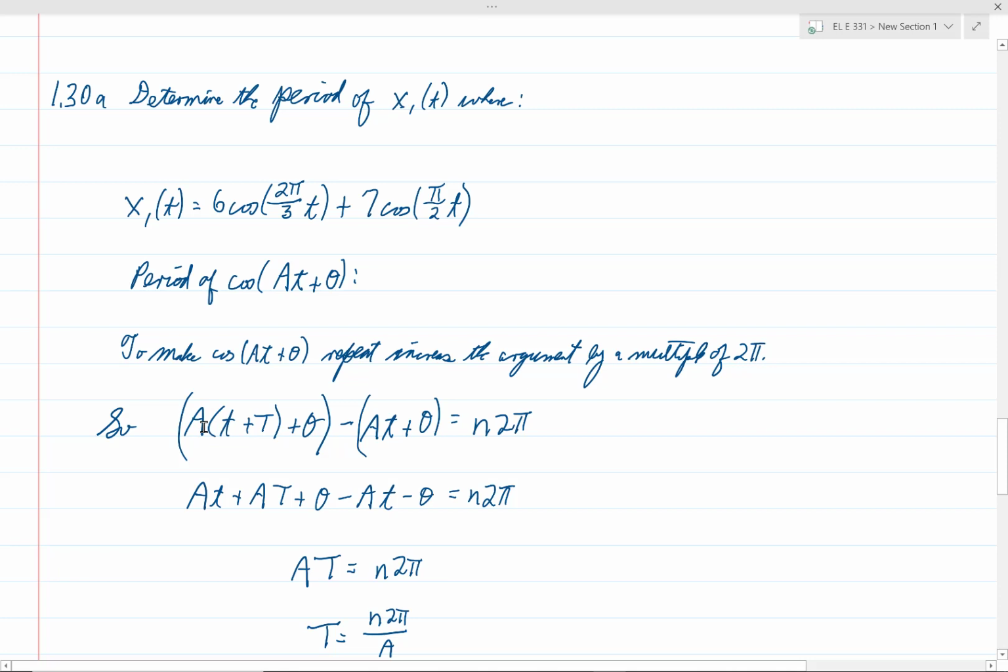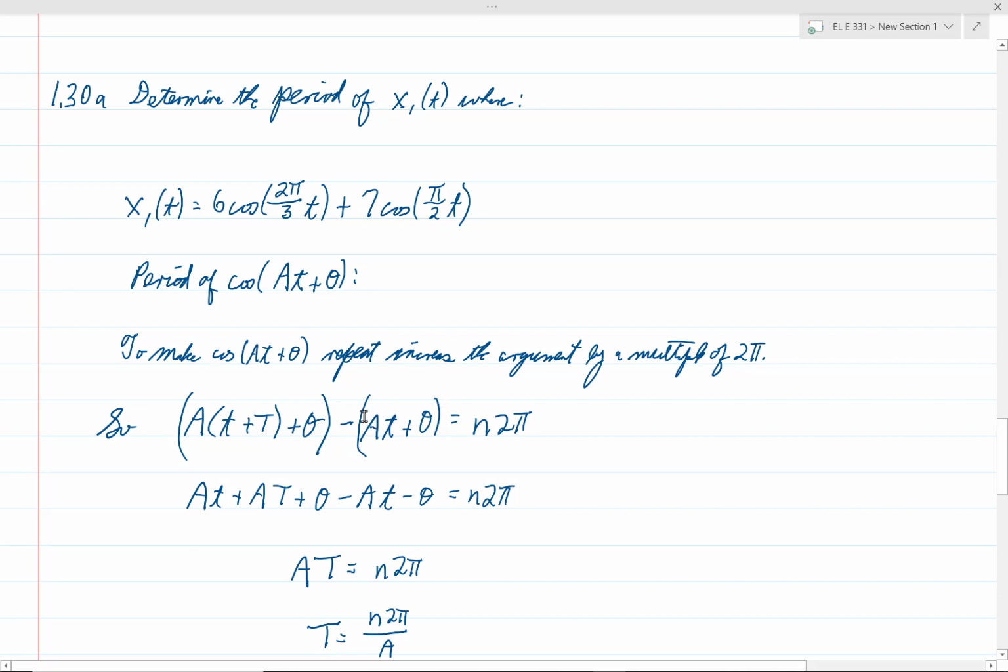Well, if we change little t from little t to little t plus capital T, then our new value of the argument will be a times little t plus capital T plus theta. Our original value of the argument is a times little t plus theta. So what we have on the left here represents the increase in the argument.